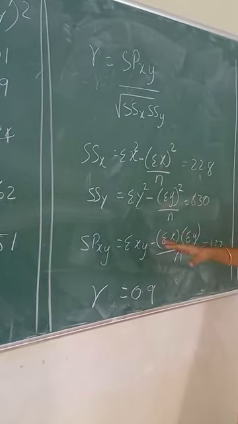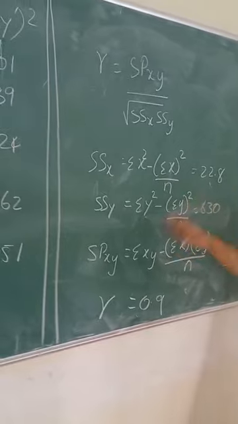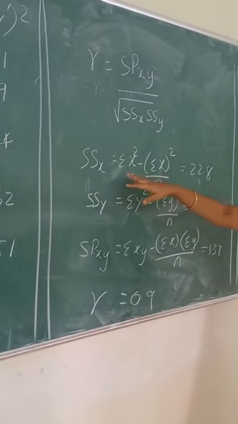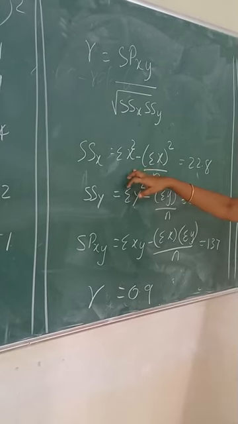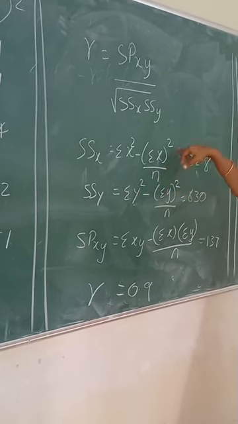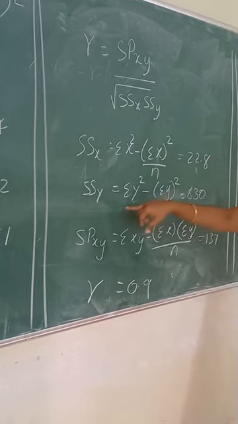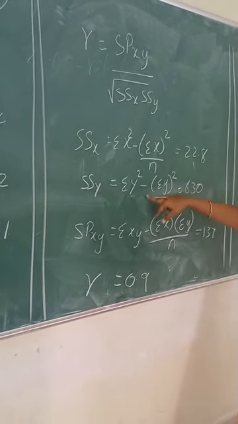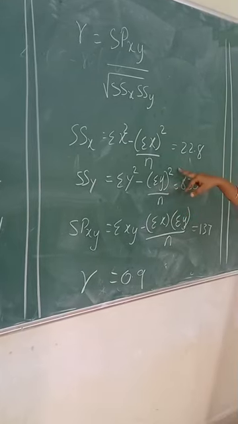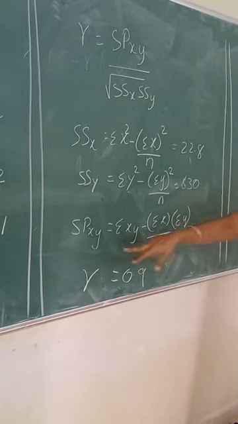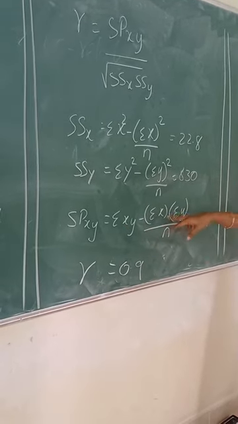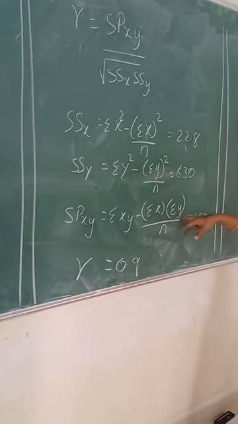So write the formulas first every time you are solving problems. SSX is equal to summation of X square minus summation of X the whole square divided by N. For SSY, the formula is summation of Y square minus summation of Y the whole square divided by N. And for SPXY, it is summation of XY minus summation of X into summation of Y divided by N.